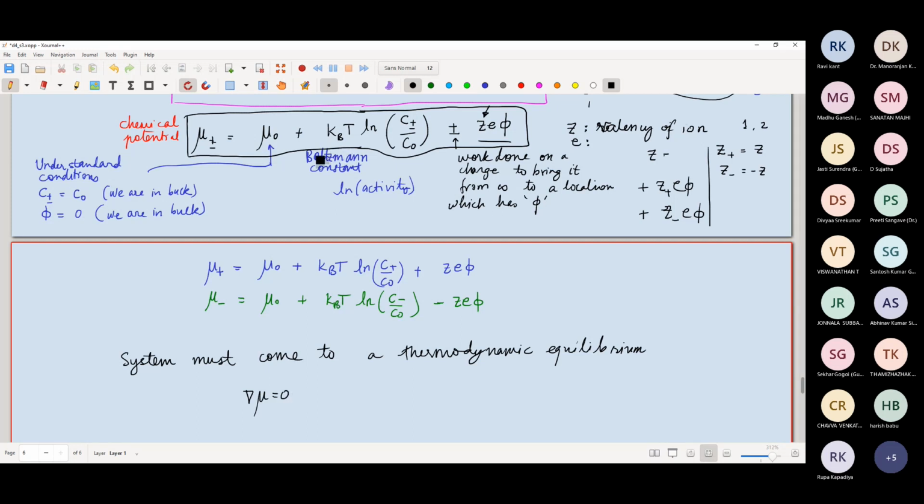Now it starts to make sense that the gradient has to be zero, meaning if a system has a distribution of ions so that this region has a larger, if I call this mu left and mu right, if mu left has a larger chemical potential than mu right, then obviously there is a disequilibrium of the forces acting between them, and so there will be some redistribution of either the ions or the potential in order for this chemical potential to balance out.